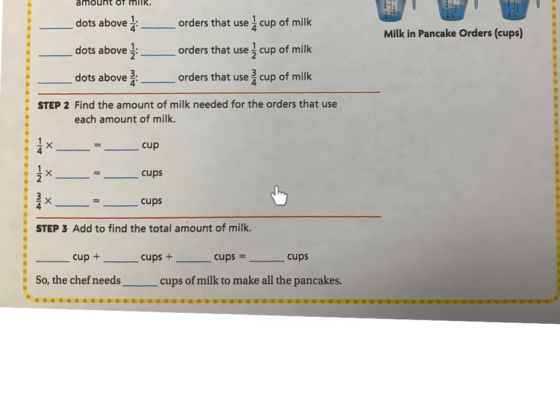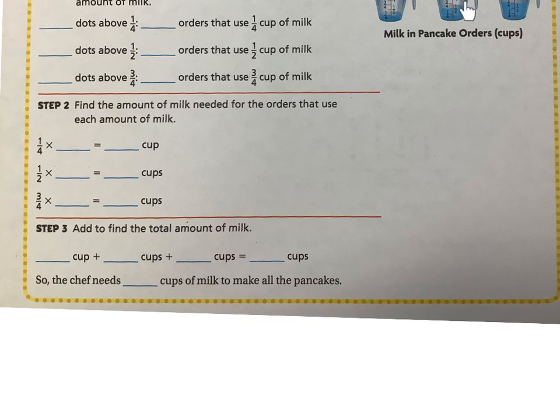Well, our step 1, they have all of our steps really nicely laid out for us. So let's go step by step and follow their instructions. Step 1, find the number of orders for pancakes that use each amount of milk. So we have a blank here, blank dots above 1/4.